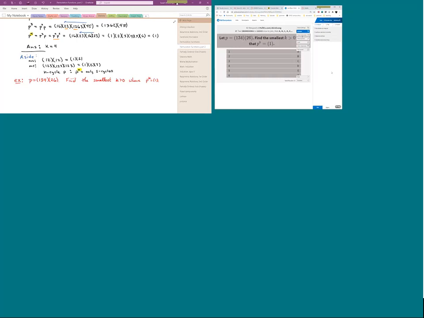Although if in the future you don't remember the shortcut way, that's okay. You can always brute force it. That has definitely happened on tests a number of times in past semesters. Nice thing about having more than one way to solve a question.